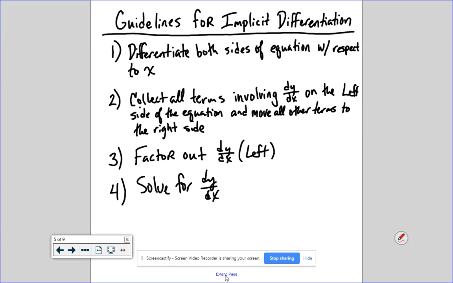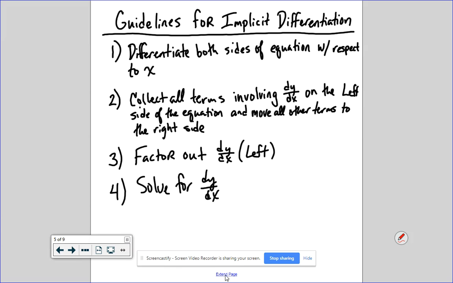And anything that does not have a dy dx, you move to the right side. Then solve for it. If I say to solve by implicit differentiation, like if I say solve for dy dx, then I will specifically say that. Then you have to isolate and solve for dy dx. We haven't done that yet, but we will.